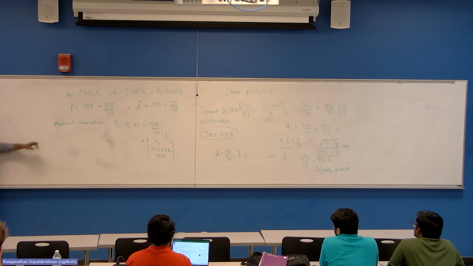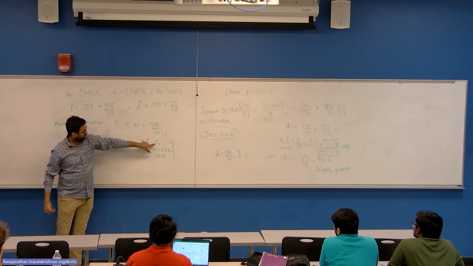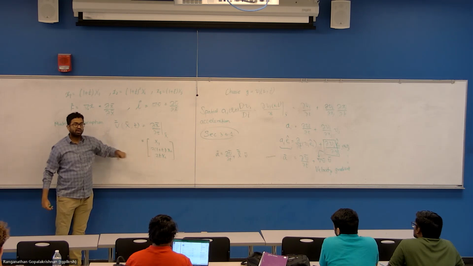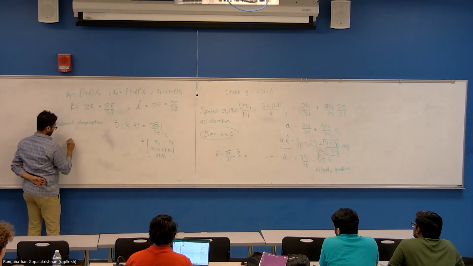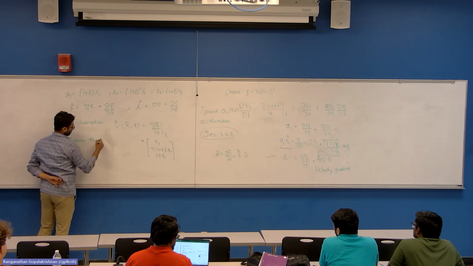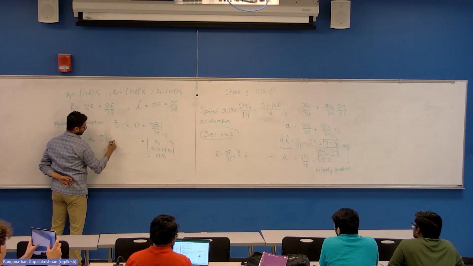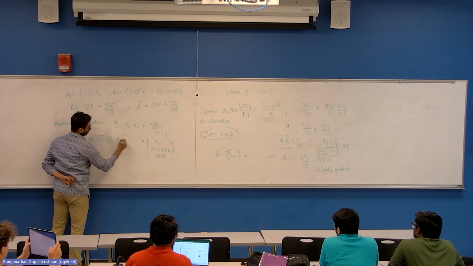So this is the material velocity. This is the velocity of a particle as a function of its material coordinate. If I ask you to express the material velocity v tilde as a function of x and t, what will you do?